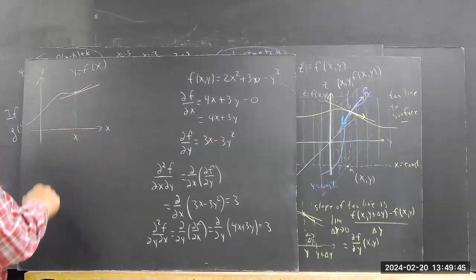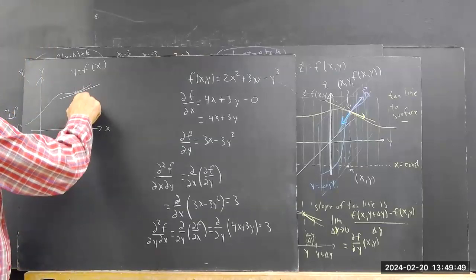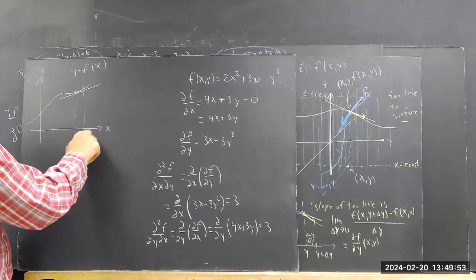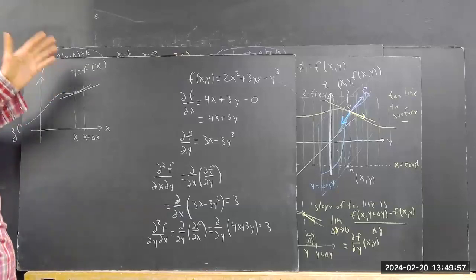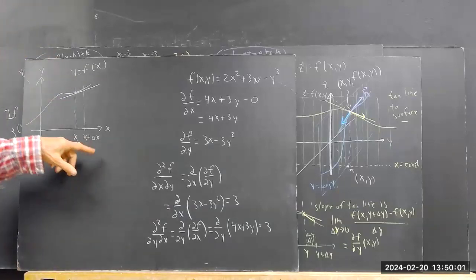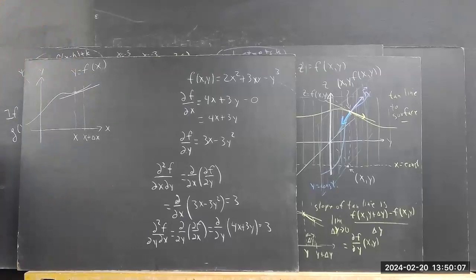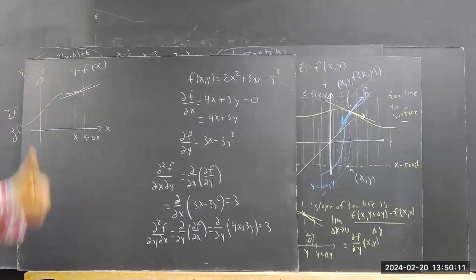And here is x. And here's x plus delta x. Because the curve is smooth, f of x plus delta x stays close to the equation of the tangent line.